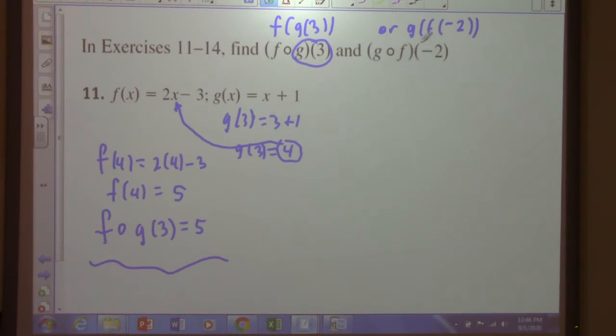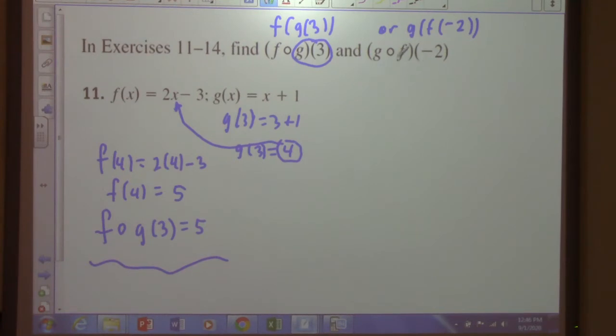Now what's going to be g of f of negative 2? What's that going to be? I want to write this one in red. So what do we do with this negative 2 first? I'll plug that into the f. So let's do that, okay?